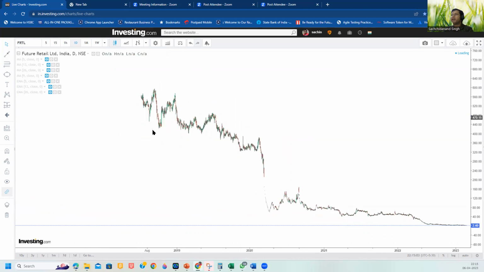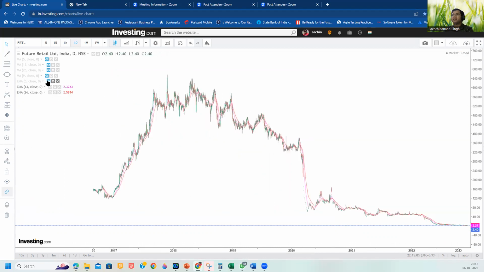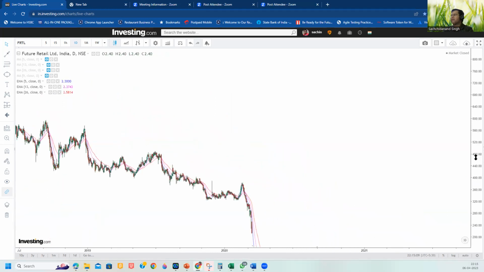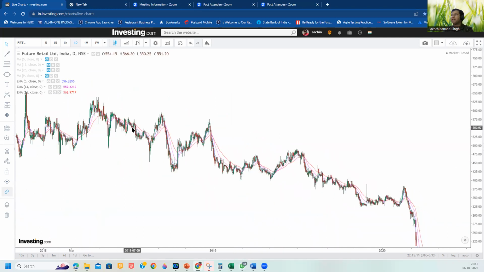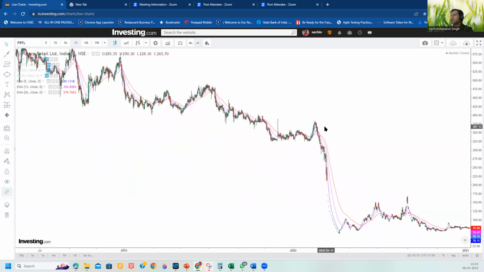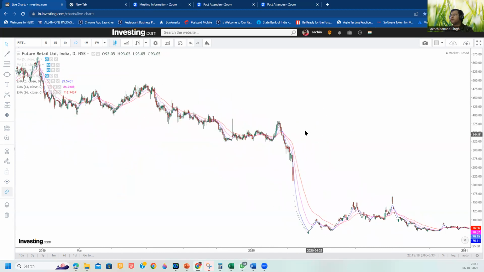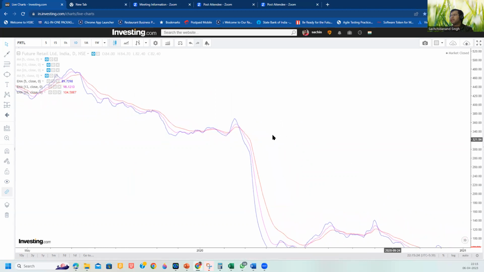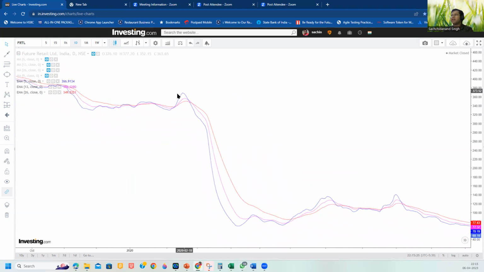Is the ideal entry point based on these EMA or SMA? We can have a look. There are multiple entry points here, and the best entry point I can say was the recent one, that is in 2020. Okay, so here is a beautiful setup happening based on this simple concept.